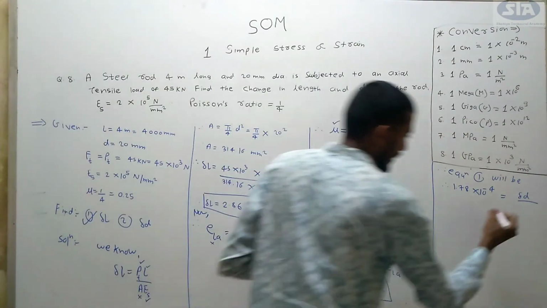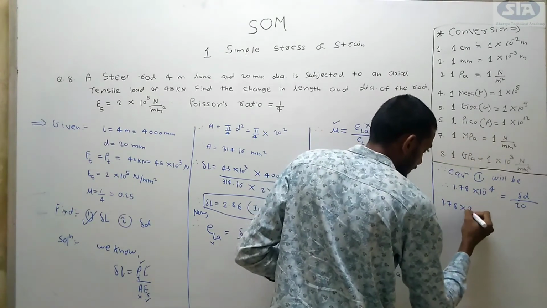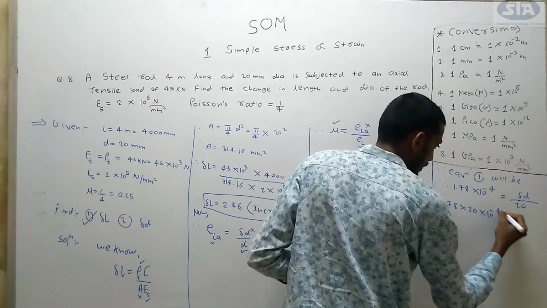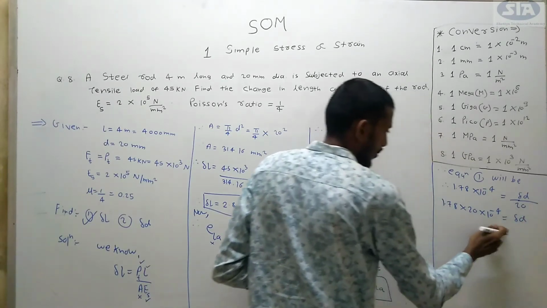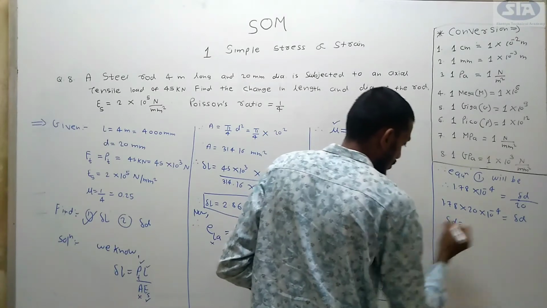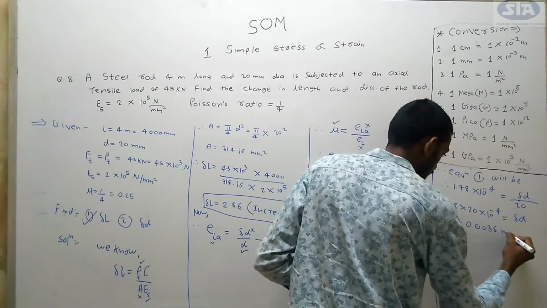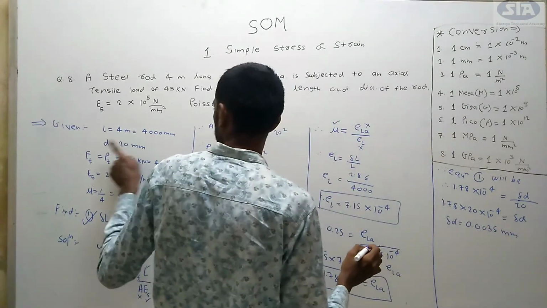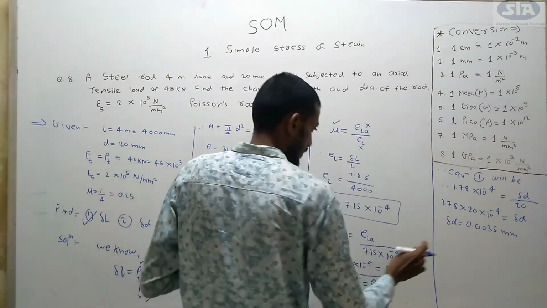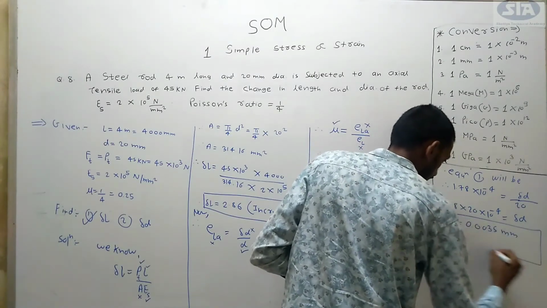That's why here I am writing 20, and when we shift 20 to the left hand side, it is in multiplication with this 1.78. Okay, after this multiplication you will get delta d is equal to 0.0035, which is in mm, because diameter is considered in mm, that's why change in diameter also comes in mm. Okay, so this is our required answer.